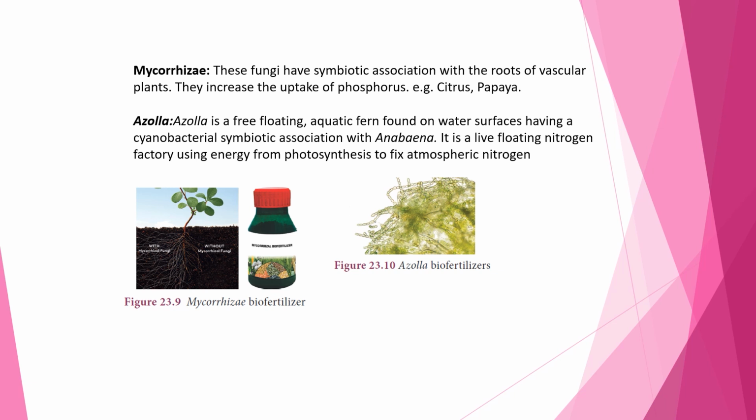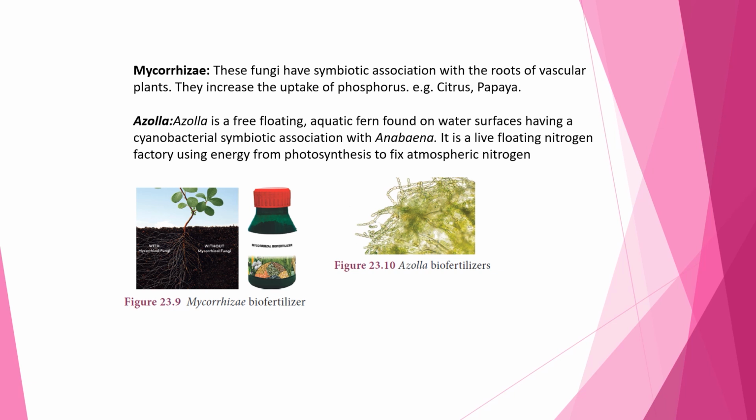Vascular plants are plants which have vascular tissues, vascular bundle, xylem and phloem. And they increase the uptake of phosphorus. Important note: mycorrhizae increase the uptake of phosphorus. Example, citrus and papaya.